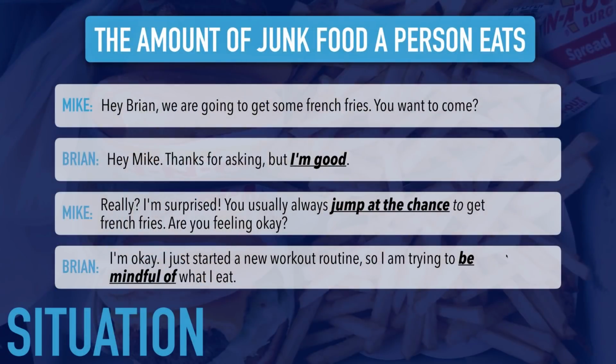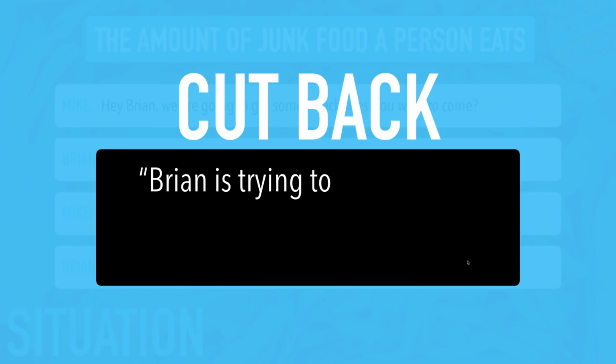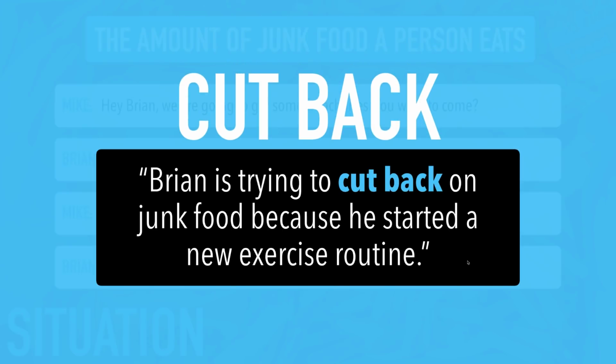We can describe the situation like this. Brian is trying to cut back on junk food because he started a new exercise routine. Makes sense, right? He's trying to reduce the amount of junk food he eats because he's on a new exercise routine. He's following a routine. Makes sense, right? All right, so number 1, cut back.